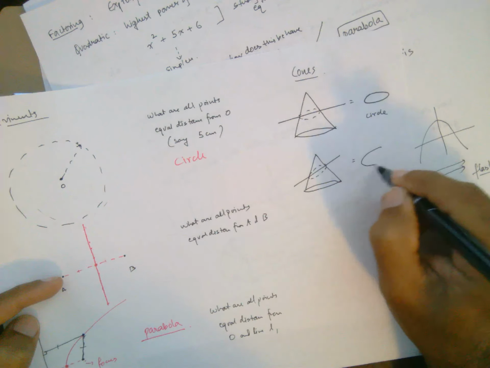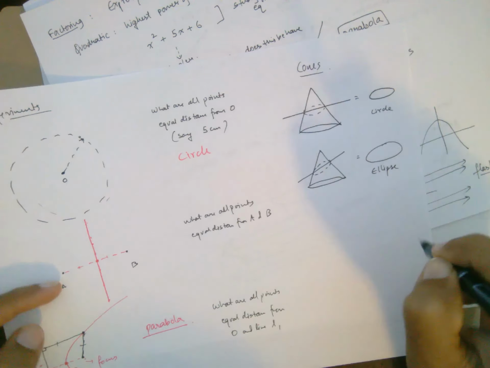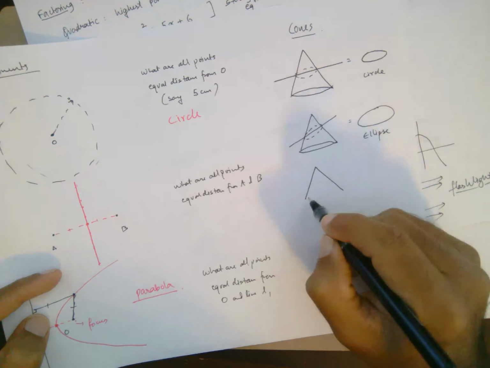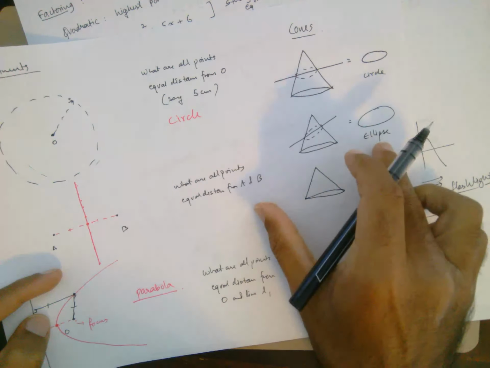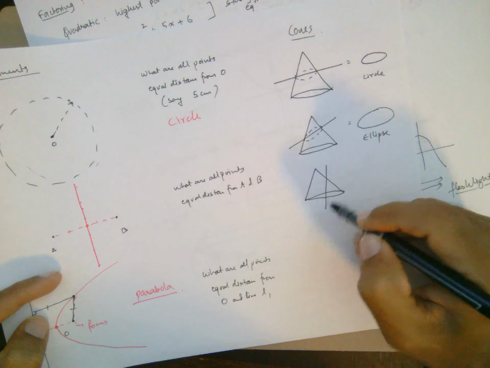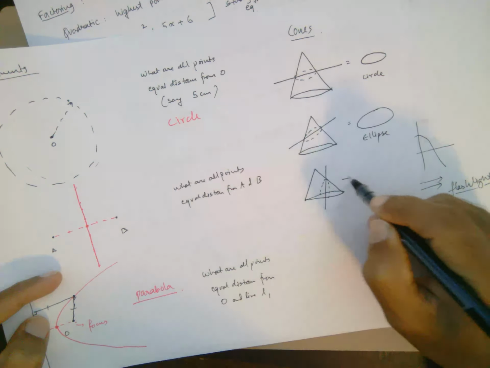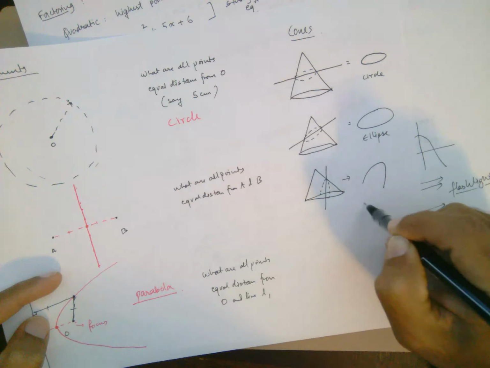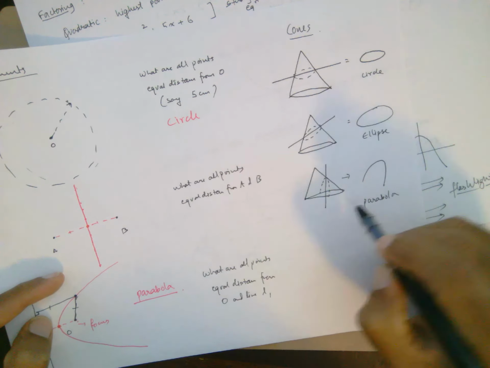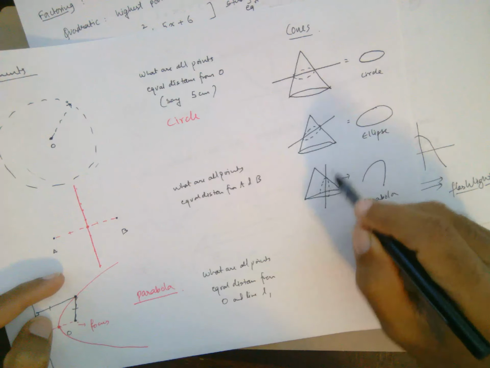It's going to be an ellipse, which we will study later towards the last couple of weeks in this course. Now let's say I turn this line further, I spin it further that way, I make a cut that way. Then I would get a shape which should remind you of a parabola. In fact, it is a parabola, because you have this opening here, so the shape you get when you slice the cone this way is a parabola.